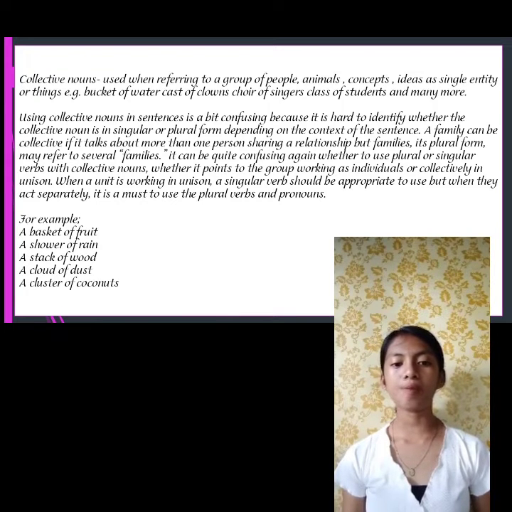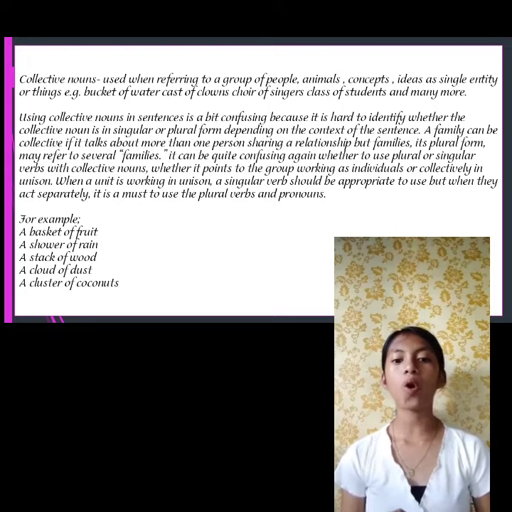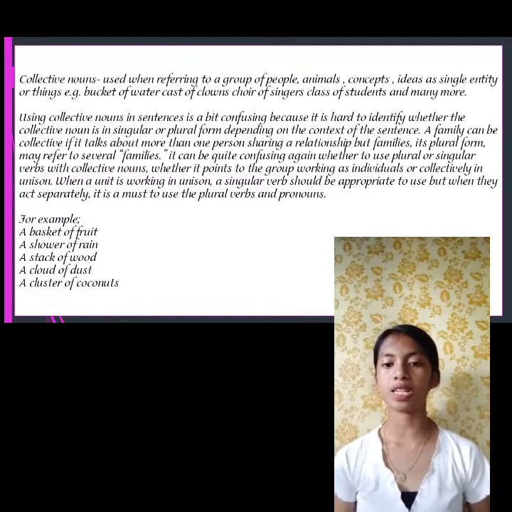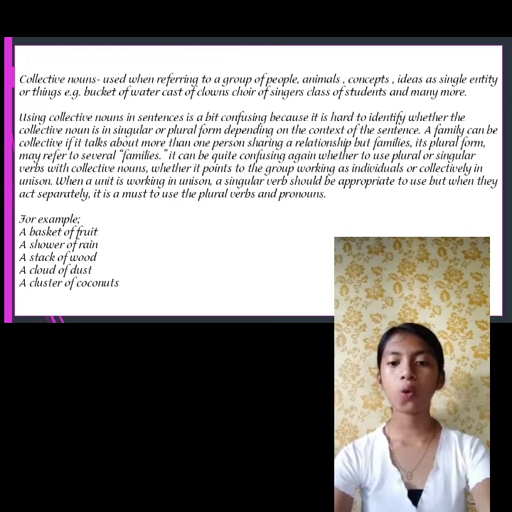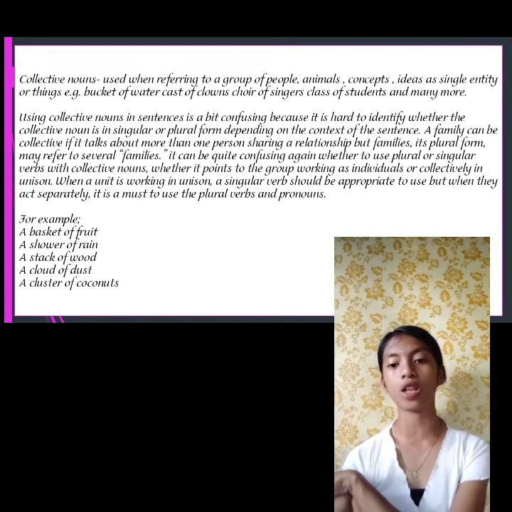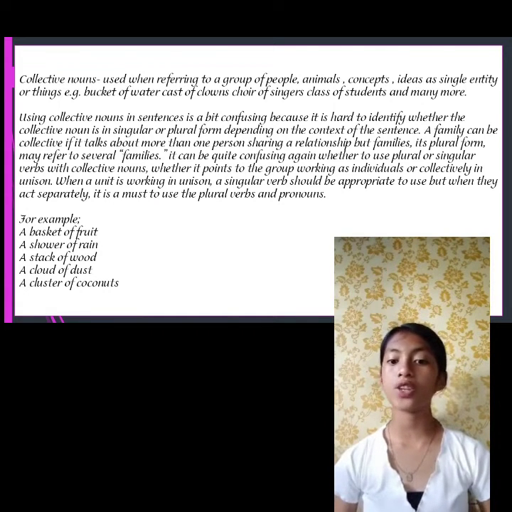A family can be collective if it talks about more than one person sharing a relationship, but families, its plural form, may refer to several families. It can be quite confusing again whether to use plural or singular verbs with collective nouns, whether it points to the group working as individuals or collectively in unison.